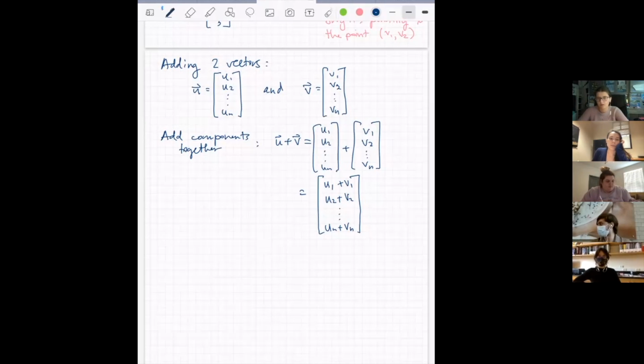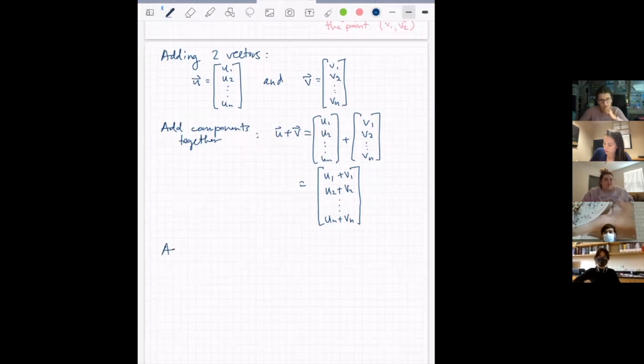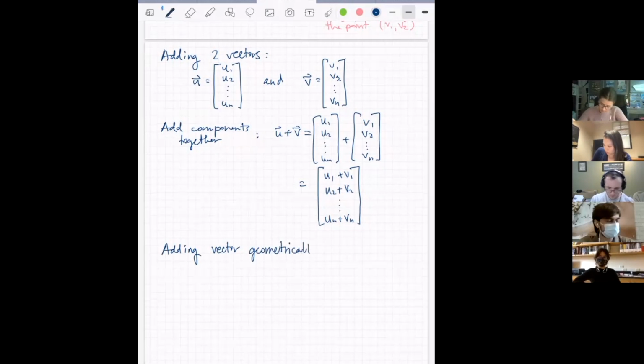Now, we can add vectors geometrically. So we can picture what this looks like in R2. Vectors geometrically in R2.